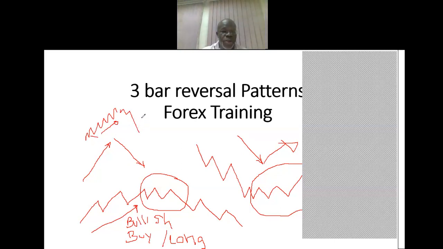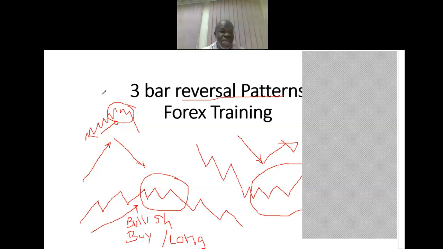So we always have what we call the telltale signs, the signs in the market that actually can tell you when the market is about to reverse. Okay, and that is what we call a 3-bar reversal pattern.